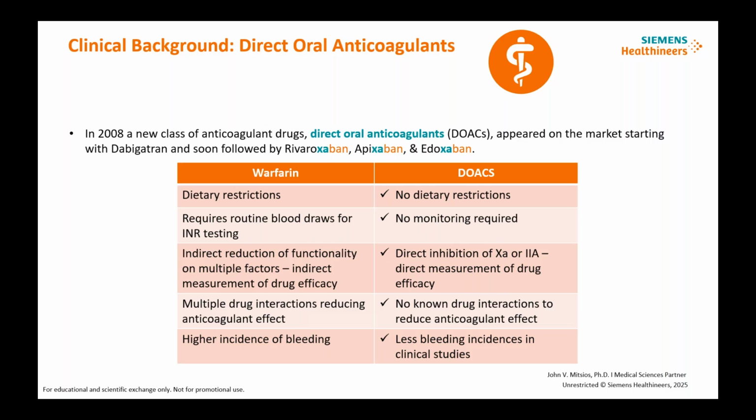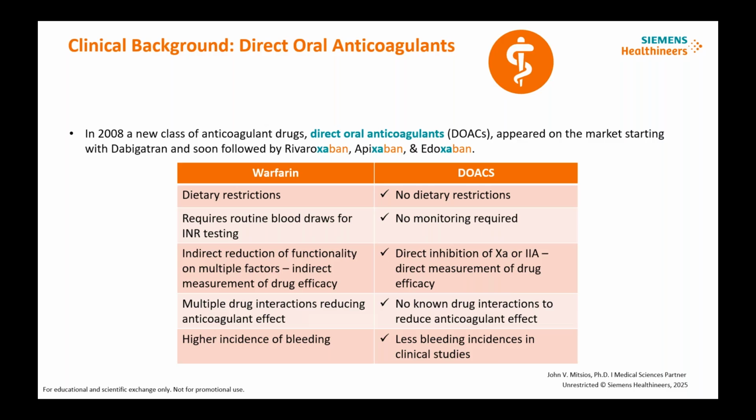There are multiple drug interactions that could potentially reduce the anticoagulant effect in the context of warfarin therapy. For example, there are a number of medications, antibiotics or antidepressants, that could potentially interfere with the anticoagulant effects, especially as our patient population gets older and takes more and more medication. You can see those adverse effects on your warfarin therapy, where your INR can be significantly elevated.